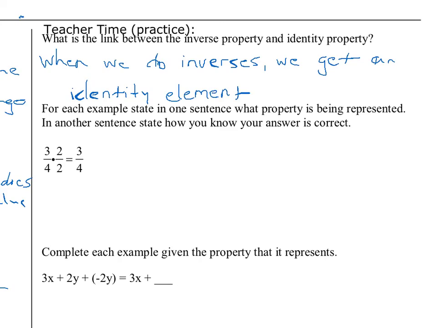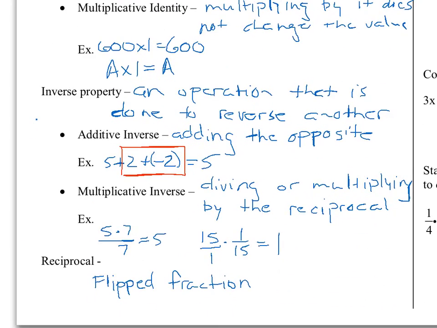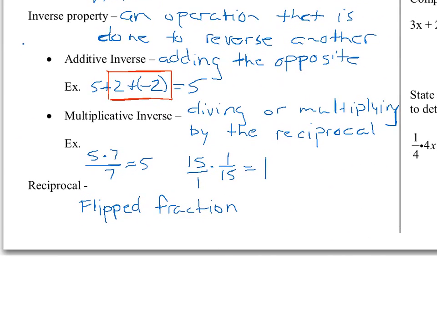So if we go back and think about this idea, when we did this inverse, 2 plus negative 2, that really added up to 0. That's the additive identity element. When we did 7 divided by 7, that's really just 1.